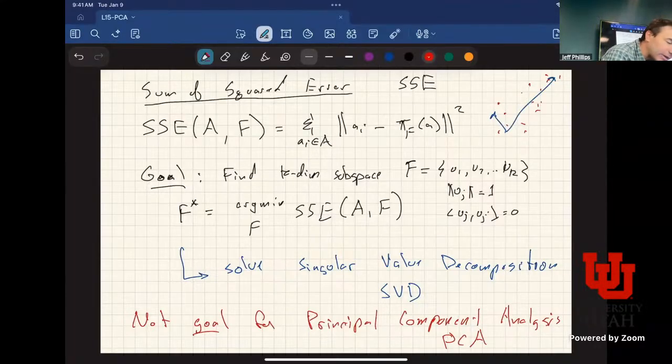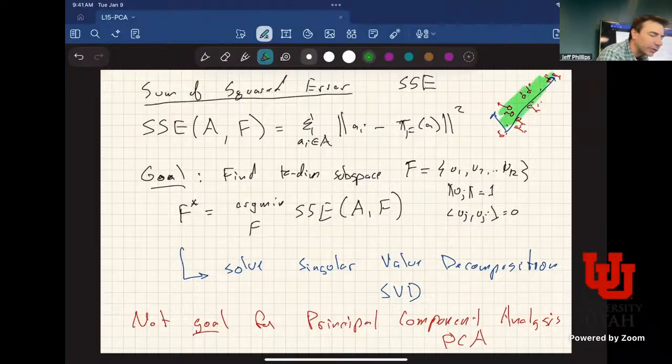When I project each of them down onto this subspace, I want to minimize the sum of the squared residuals. So it's saying I want to find the subspace where I lose as little as possible when I'm doing this projection. Okay, that's what this formulation is saying.